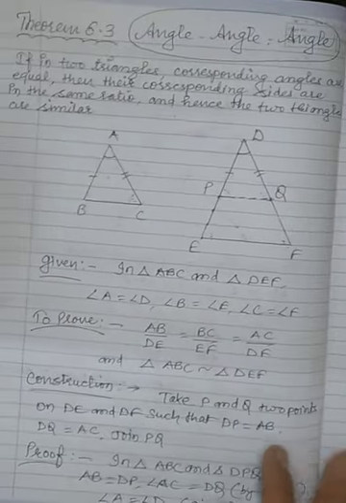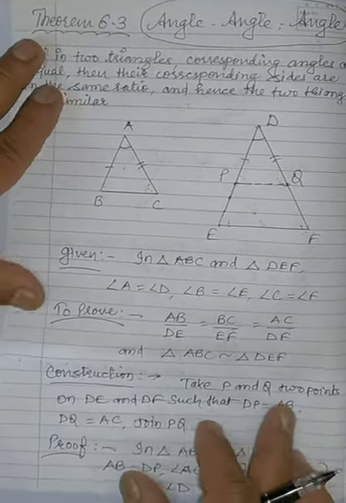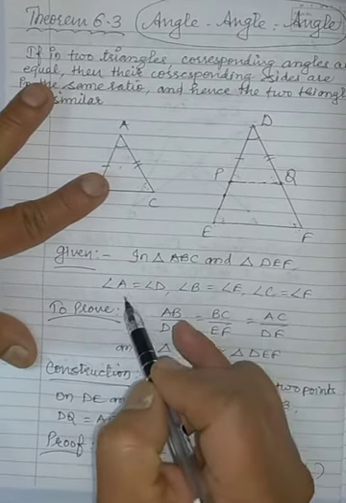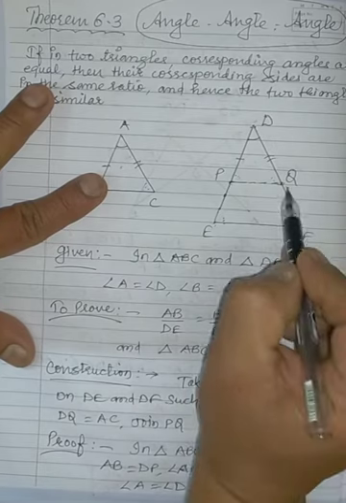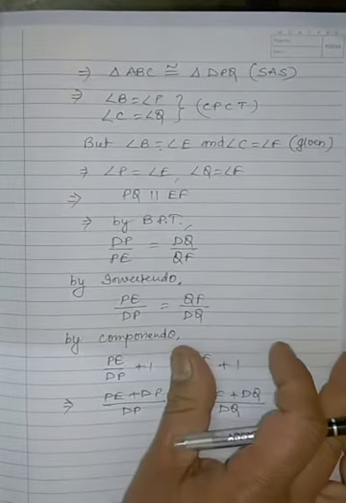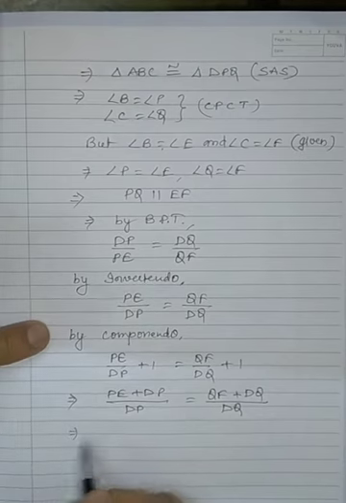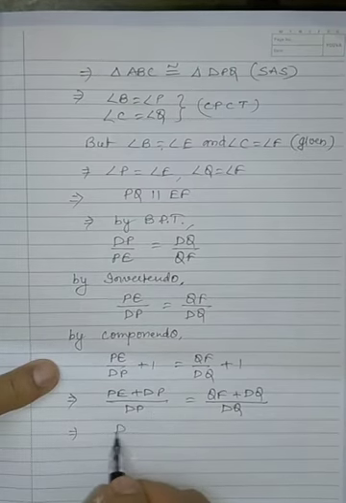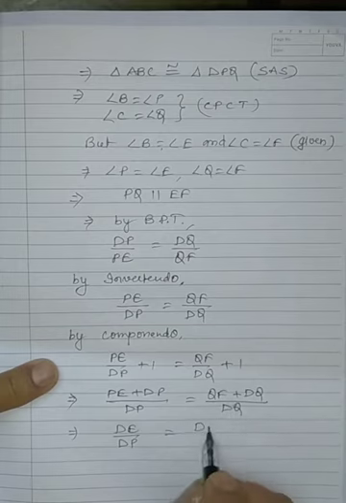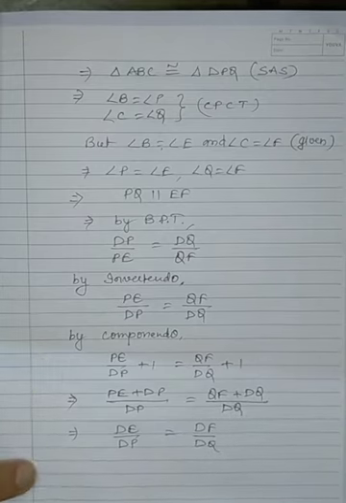Now you can see here PE plus DP becomes DE and QF plus DQ becomes DF. Therefore, DE upon DP is equal to DF upon DQ.